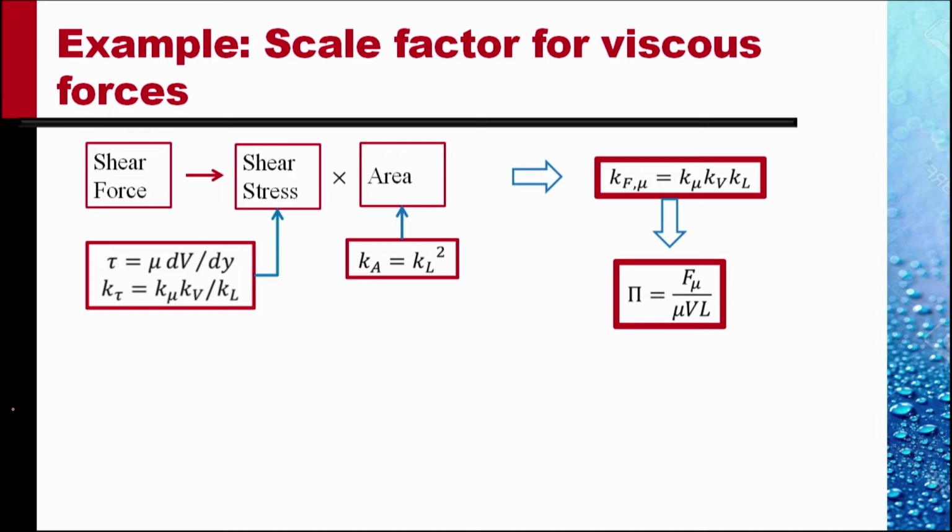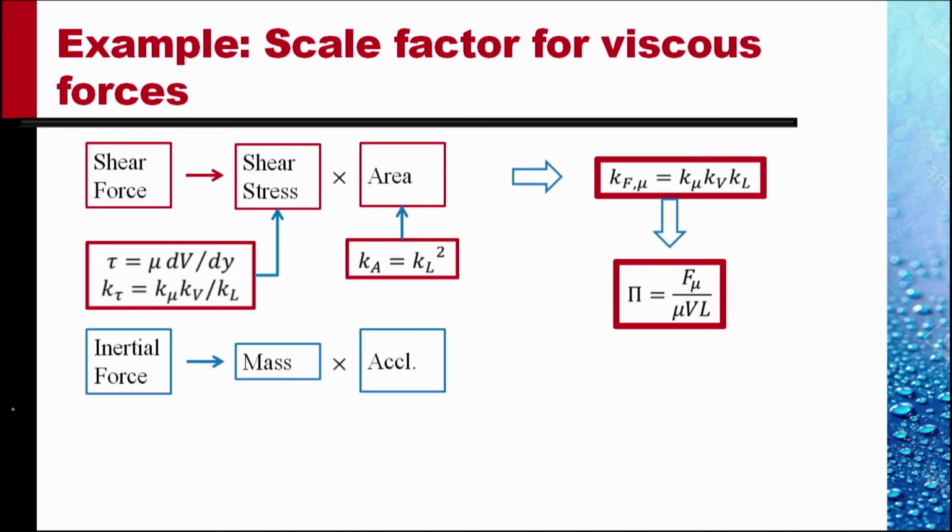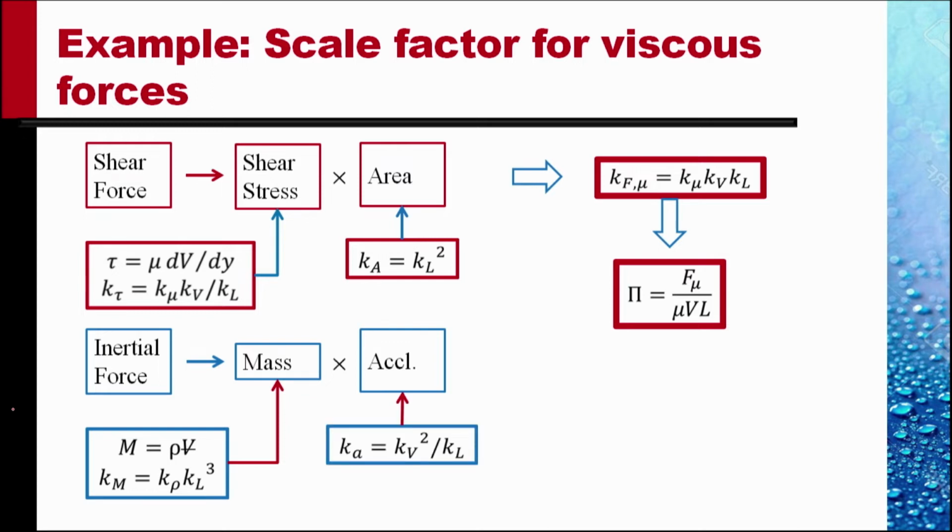Similarly, we do this for the inertia force. Inertia force is mass times acceleration. The mass is density times the volume. So K mass is K density times K length cubed, since the volume is like length cubed, and the acceleration from the convective acceleration we obtain, K acceleration, is Kv square divided by Kl.